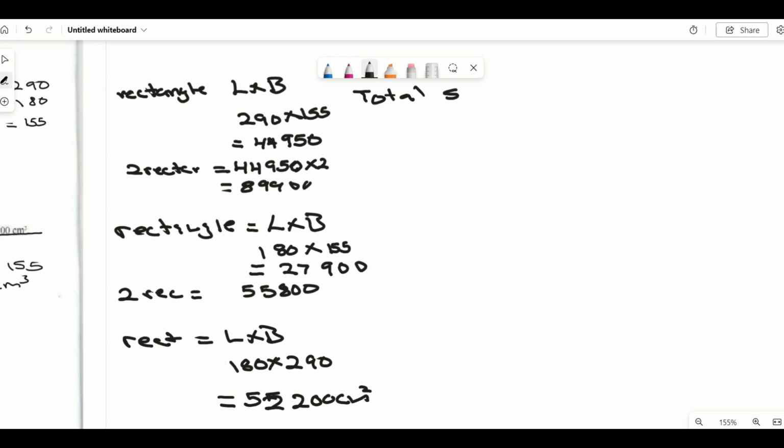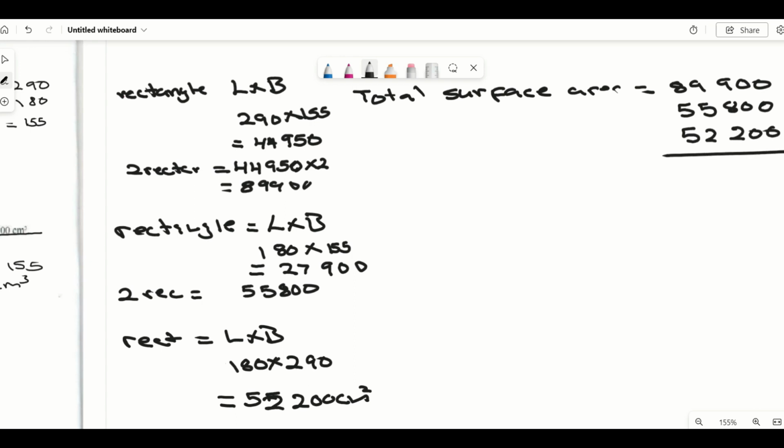The total surface area is equal to 89,900 plus the two rectangles, which was 55,800, plus the large rectangle at the bottom, which was 52,200.